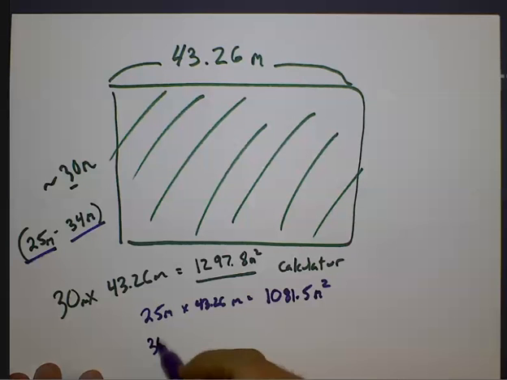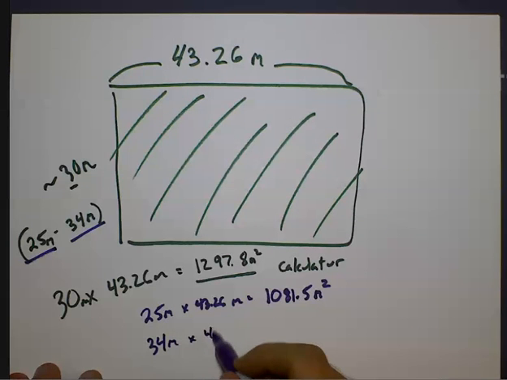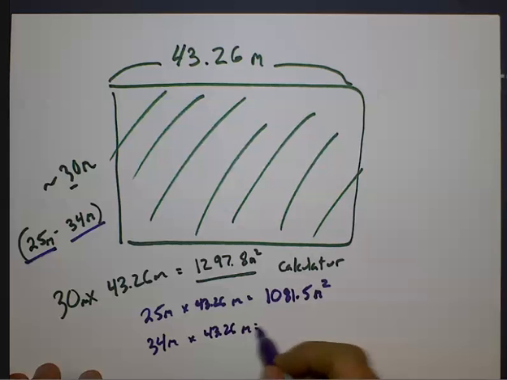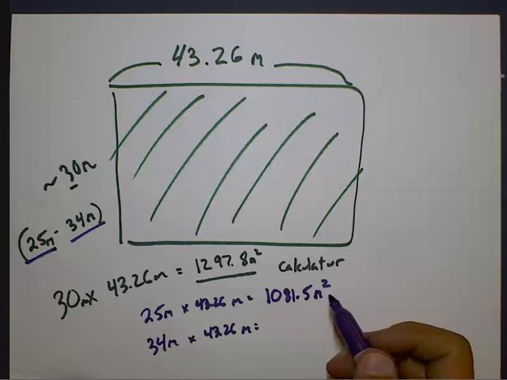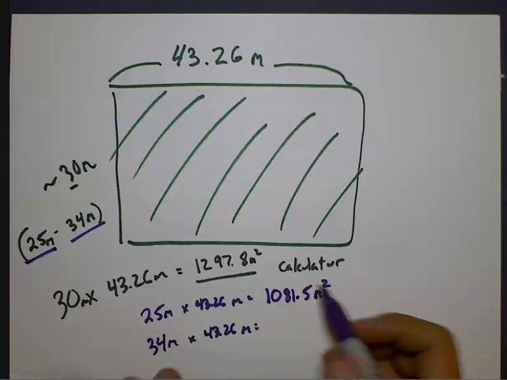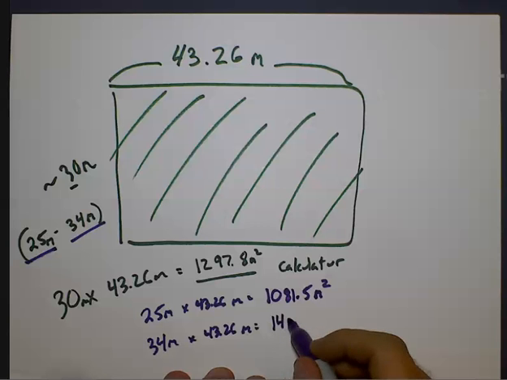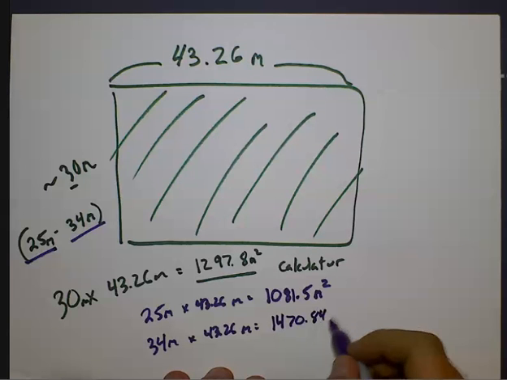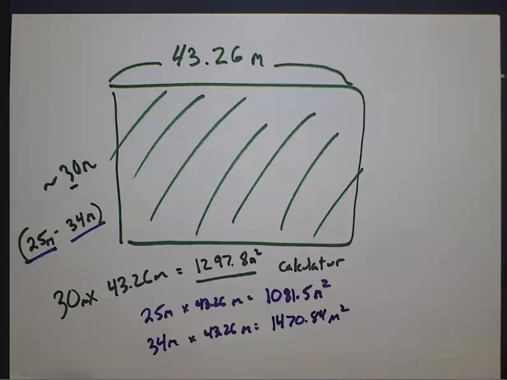Let's see what happens if it's 34 meters, and see what the area is then. 34 times 43.26 meters gives you 1,470.84 square meters.